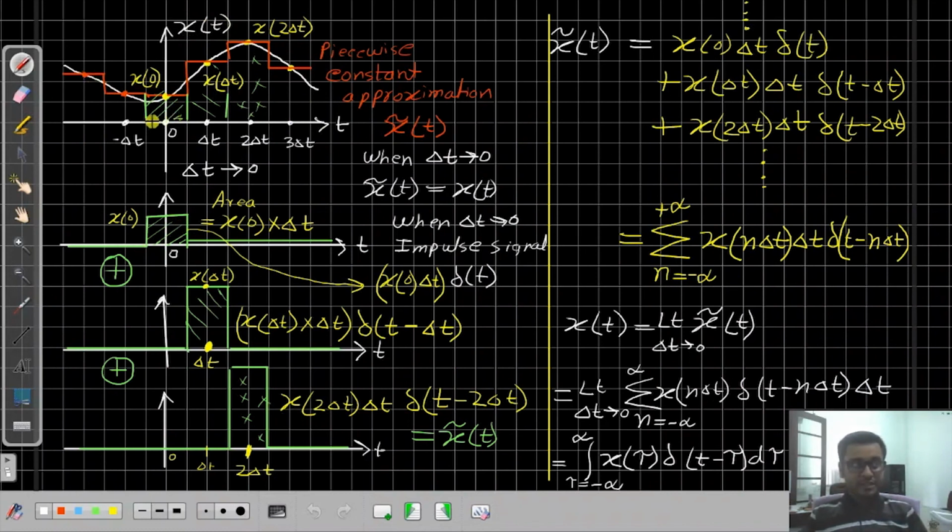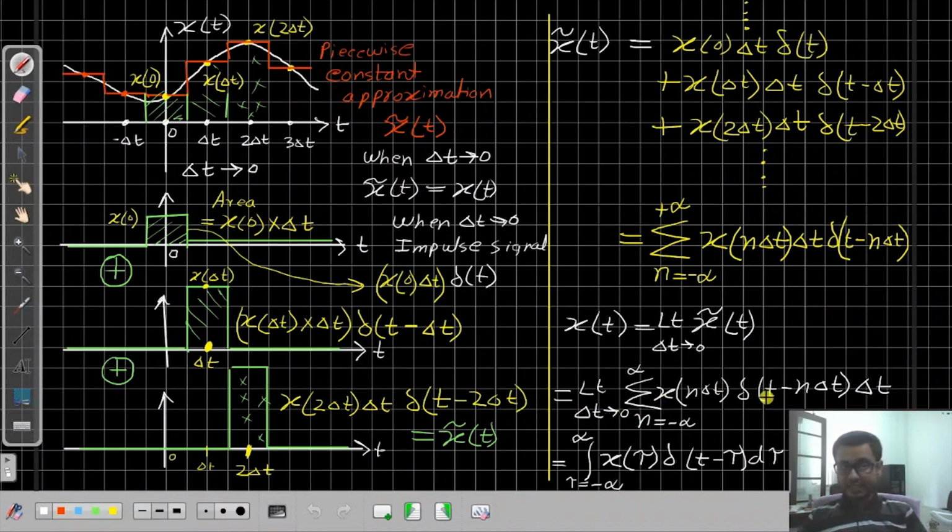And when these slices are very narrow, then they behave like impulse signals. So any signal x can be written as the sum of these chops, these slices, when the Δt, the width of the slices, tends to 0.